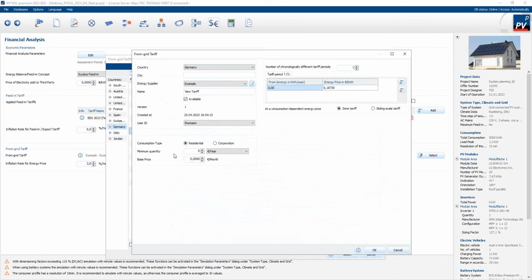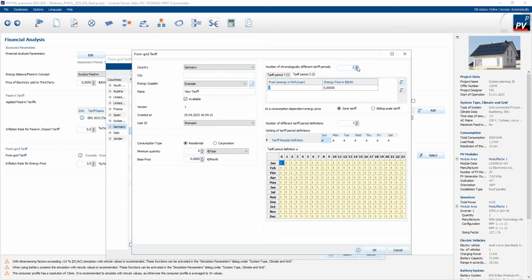You can also define a base price, which also doesn't matter, because you have to pay it anyway and don't save it. At least the important information is on the right-hand side again, and this is the energy price you have to pay here. You can also define different tariff steps or periods. For example, if you have different prices for different periods, if you add it, then you can enter another one, and then you have tariff period 1 and tariff period 2.